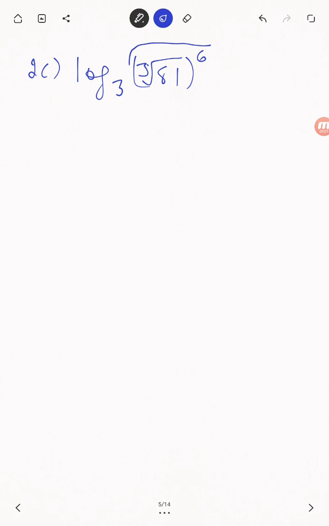Next question, 2C. Evaluate the log base 3 of the cubed root of 81, all to the 6. So really what we need to do is try and get this whole mess here into base 3.